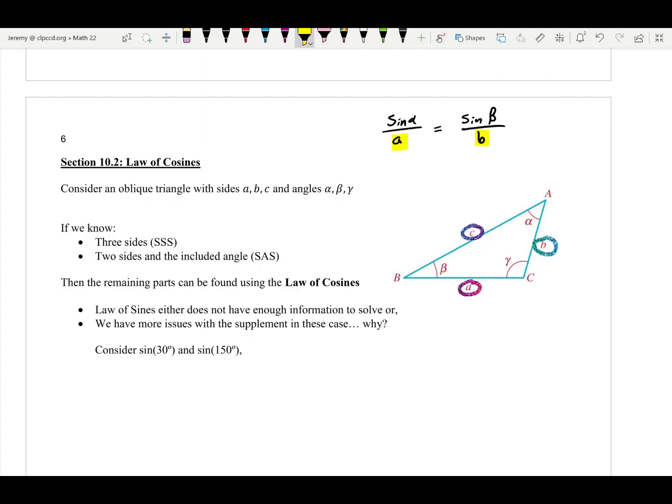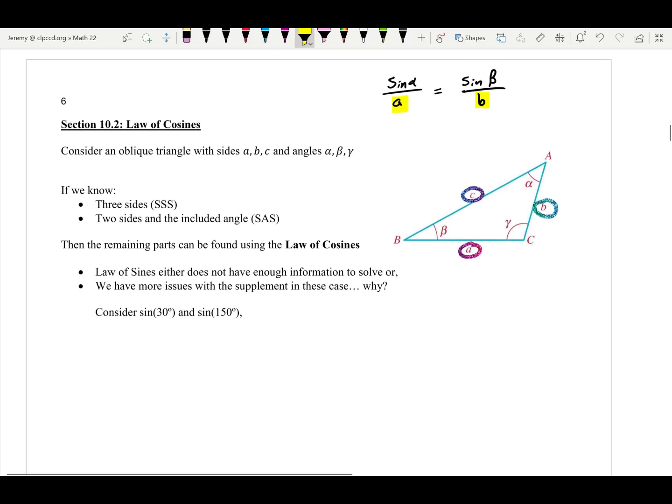So we're going to be stuck with more than one variable in this one equation. And if we have two variables in one equation, it isn't going to be defined for a single value. We won't be able to solve for either of those angles. So law of sines simply falls short when we're trying to solve for angles given three sides.